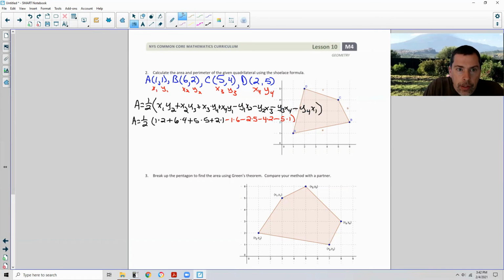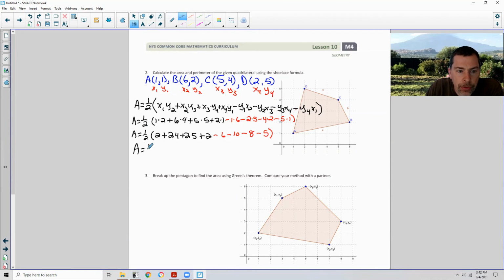Then we say area equals 1/2 (2 plus 24 plus 25 plus 2 minus 6 minus 10 minus 8 minus 5). Okay, that wasn't so bad.